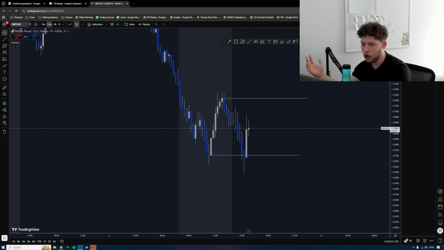The reason being with wicks is that's just showing where price has been in that candle time frame period. So for me, every 15 minutes is a 15-minute candle. So the wicks are just showing that price has gone to that point within the 15 minutes, but not necessarily where price closed. And you always want to use where price has closed because that's the solid data that you're using to sort of trade off. So make sure to use the bodies, not the wicks, when looking at highs and lows, which is why I've done it like this.